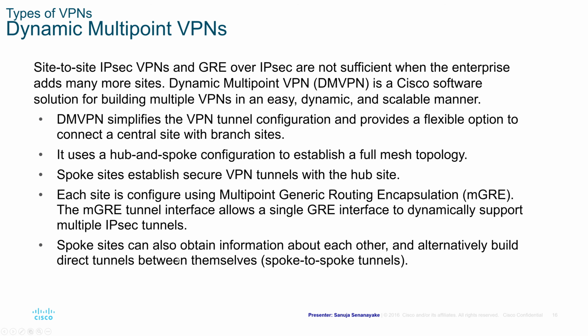Spoke sites can also obtain information about each other and alternatively build direct tunnels between themselves, known as spoke-to-spoke tunnels. So that's how DMVPN works.